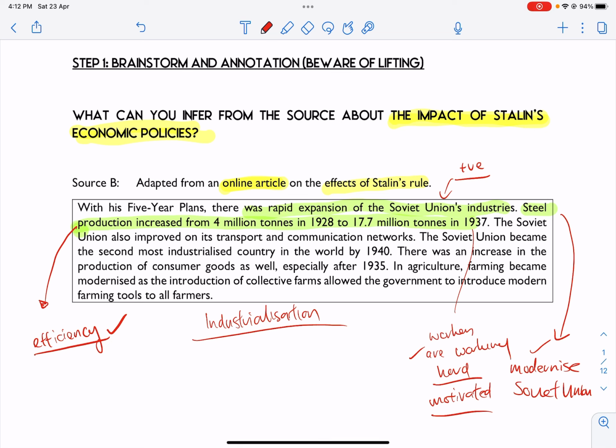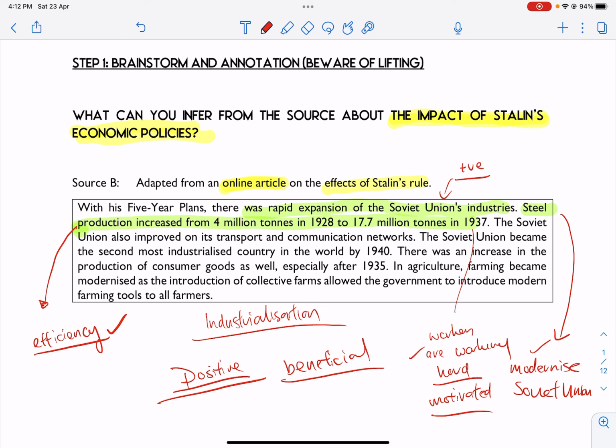Overall I would say that this is a positive source. Extremely beneficial. Positive will link to beneficial. So beneficial in this case, is it talking more about the people, or more about the output?